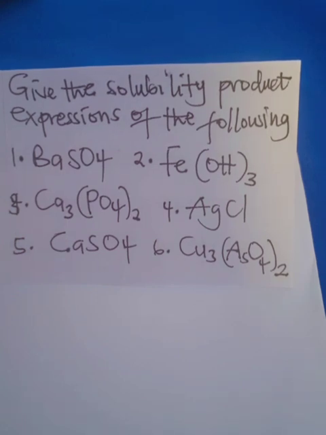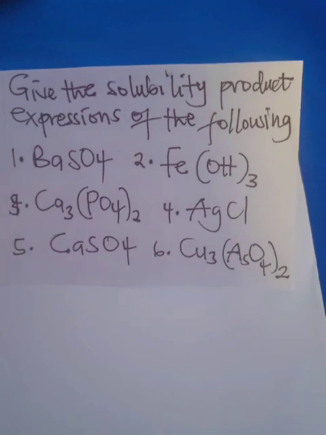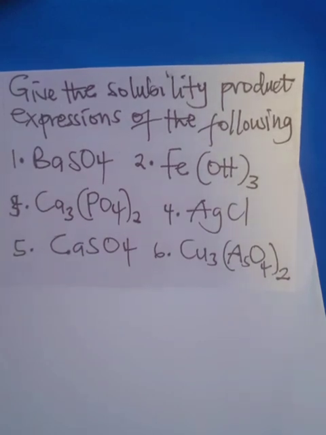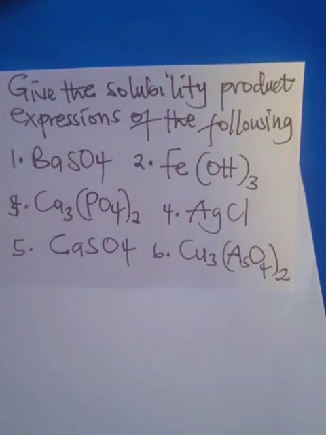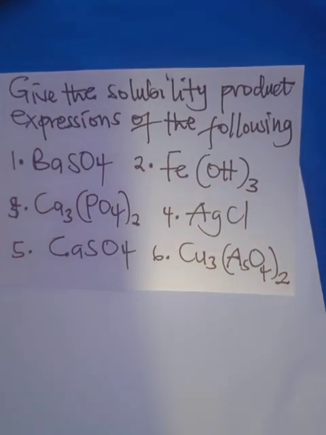We have barium sulfate, the second example is iron 3 hydroxide, we have calcium phosphate, silver chloride, calcium sulfate, and the fifth example is Cu3(AsO4)2. So these are the examples given to us, and we try to write the solubility product expressions for them.